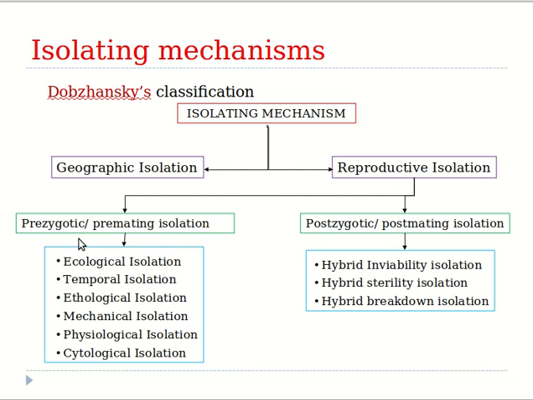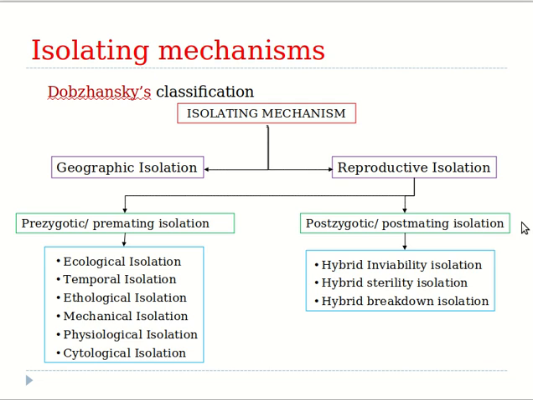Before the zygote formation, isolation creates a barrier. Postzygotic isolation is where the barrier doesn't have any influence on zygote formation. So the zygote is formed, but once it is formed, the barrier may prevent the development of the zygote into a viable offspring, or it may prevent the individual from reaching reproducing age, etc.